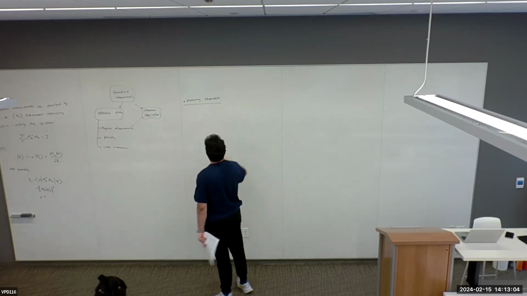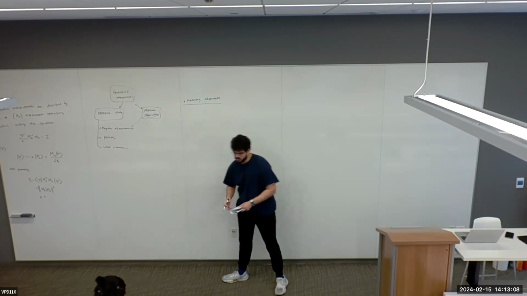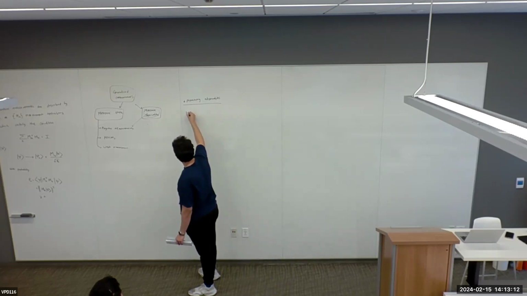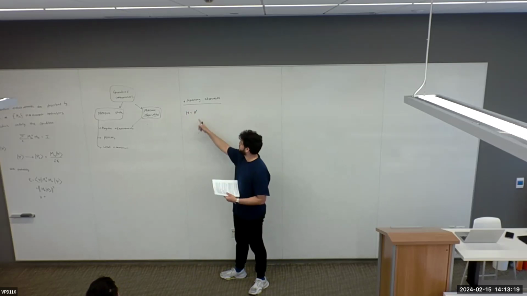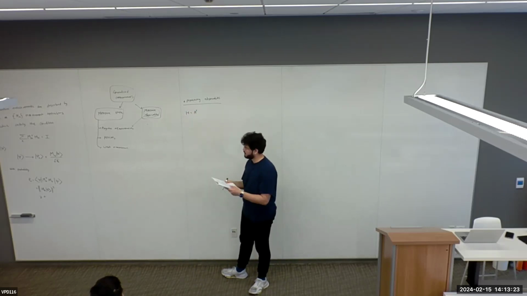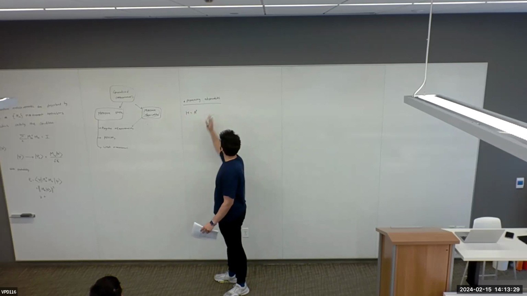So what is measuring an observable? Every Hermitian operator, which satisfies this condition, that is, its conjugate transpose is the same as the matrix itself, is a valid observable.